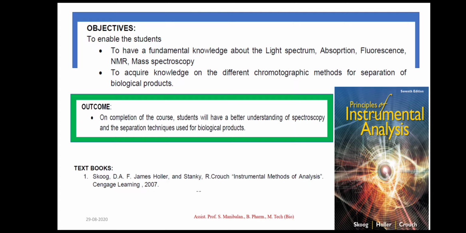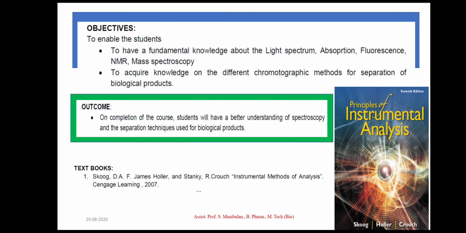The first is that we are going to enable you with the knowledge of light spectrum, absorption, fluorescence, NMR, and mass spectrophotometer. The second objective is to give knowledge about different types of chromatography, especially those used in protein or enzyme separations in biotechnology.